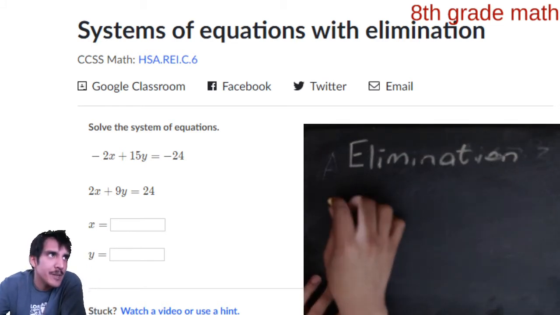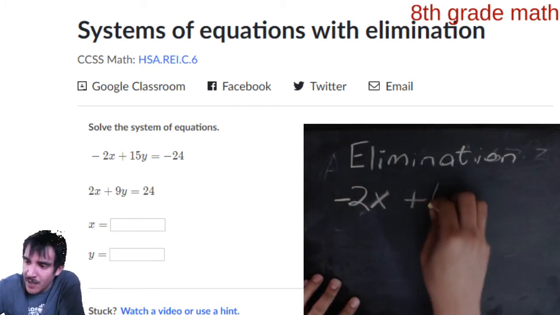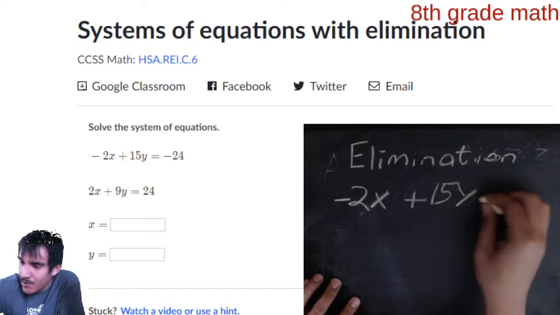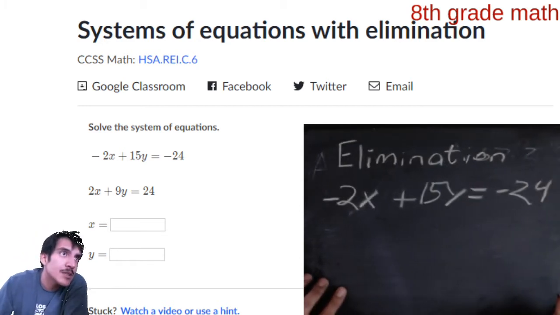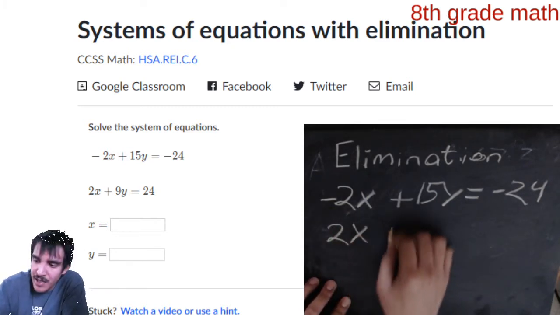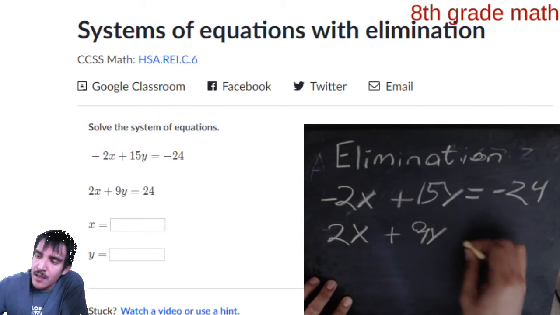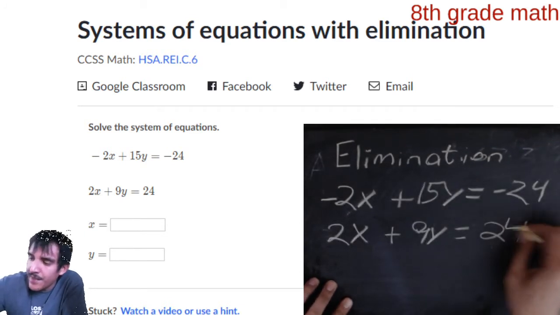Please do this with me. You're going to do negative 2x plus 15y equals negative 24, and then positive 2x plus 9y equals 24.